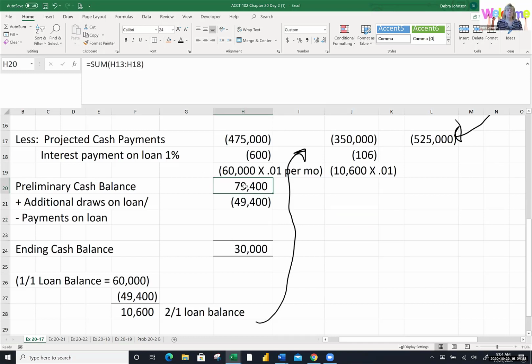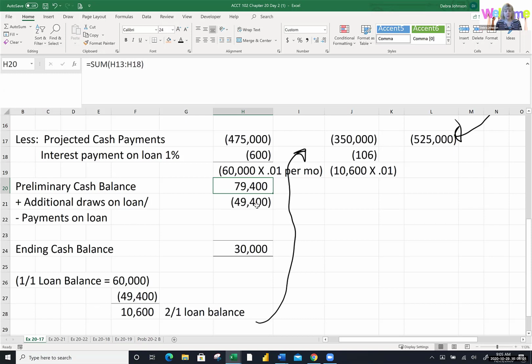So where that came from is our preliminary cash balance is 79,400. I think that was Davi's voice. Davi, do you understand where the 79.4 came from? Yes. Okay. So then what we're going to do with that is anything that is above our $30,000 threshold that the bank says you must have in your account, we're going to use the extra proceeds to pay down the loan.